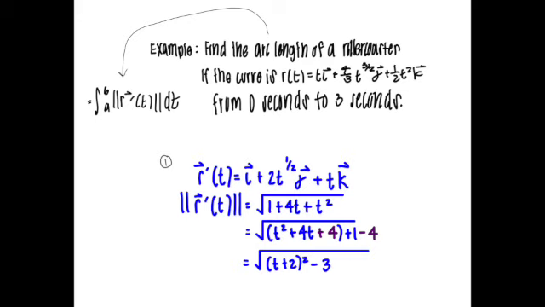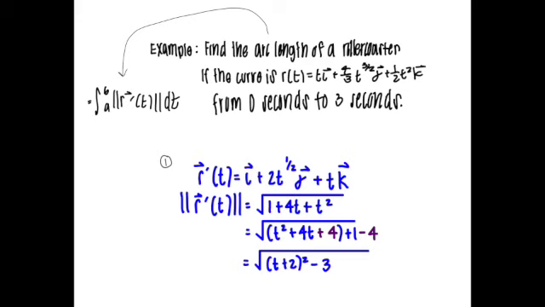So in other words, because we are given the curve, which is r of t equals t plus 4 over 3 times t to the power of 3 over 2 plus 1/2 times t squared, we can find the derivative of the curve, and then we can also find the magnitude. So let's take a look at the first step.